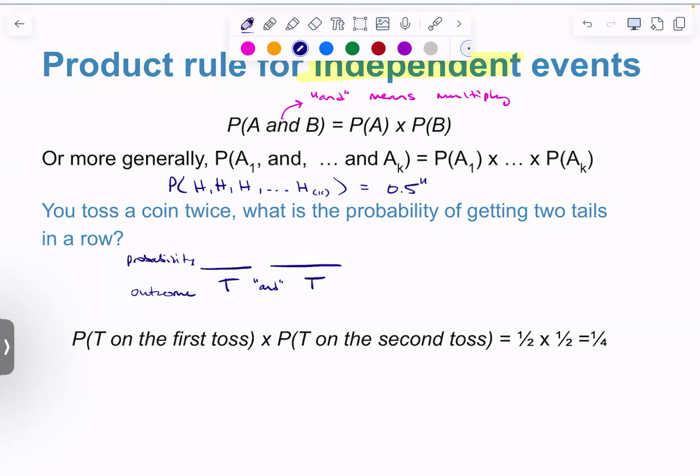The probability of a tail is 0.5, and makes multiplication, and the probability of a tail again is 0.5. So the probability of a tail and a tail is 0.5 times 0.5, which is 0.25. Half of a half is a quarter.